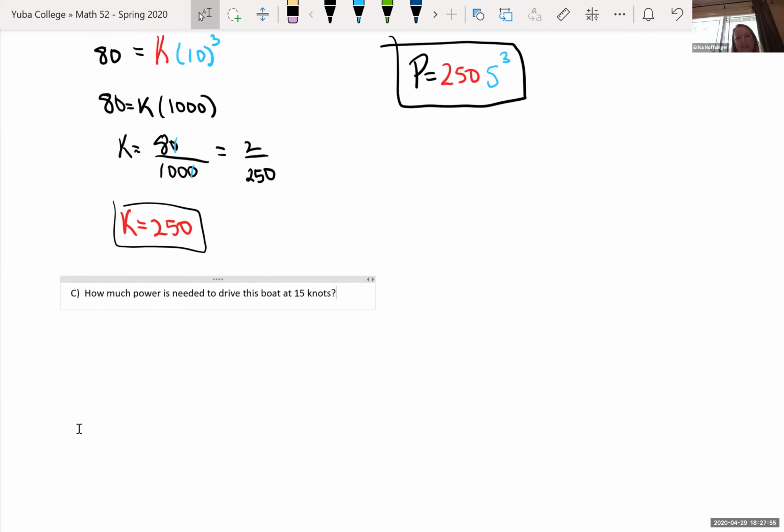Okay, so we're trying to find the power, P. And we know what our speed is, s. So this is equal to K, which is 250, all times s, which is 15 cubed.